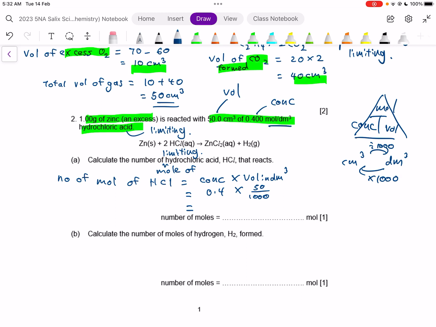I realize there's an error in my solution. So this one you can work out the answer, 0.02 mole.